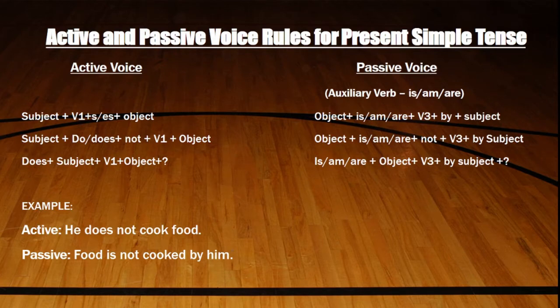He does not cook food. There is an action, right? And in the passive case, what is it? It's like food is not cooked by him, right? So always understand that when we are doing active and passive voice, the literal meaning itself is the solution to your queries. And you know what?